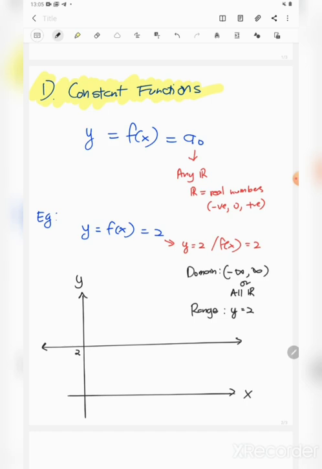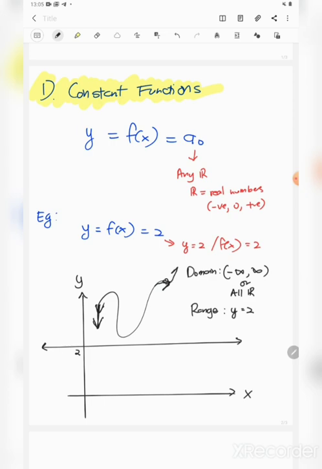Why? Let's say you have a graph like this. We have arrows on this side and also this side, so the graph goes to negative infinity.